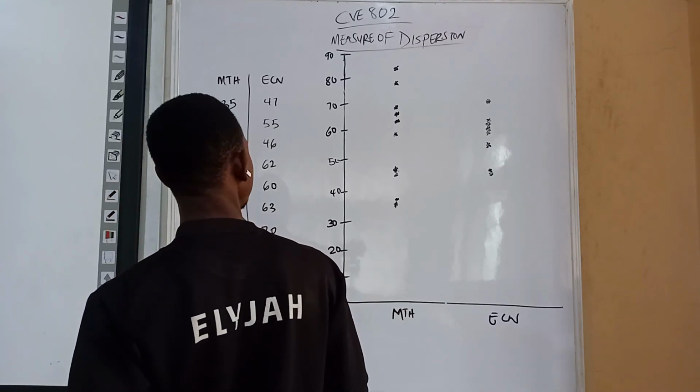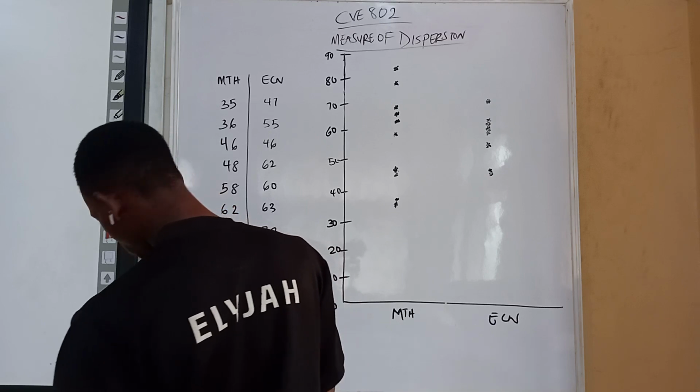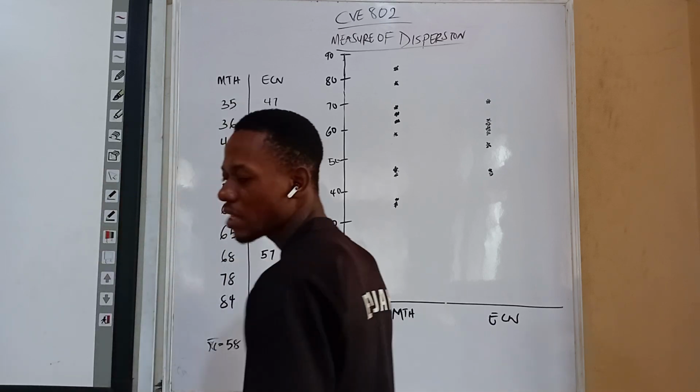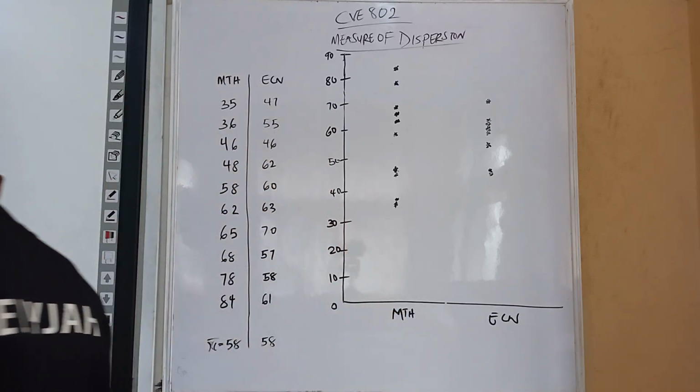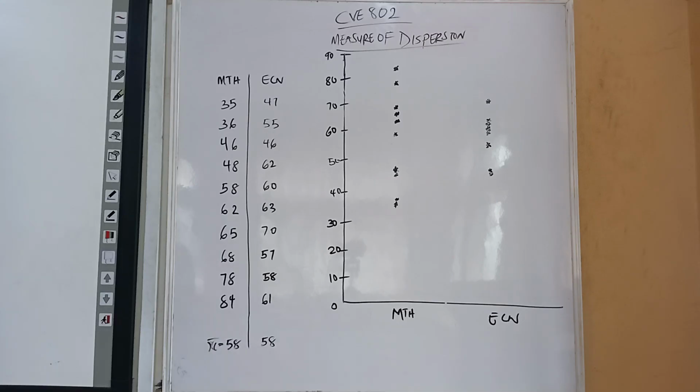Out of all the methods of measuring dispersion, standard deviation is the most efficient method for measuring the dispersion. This is because it takes every variable into account.